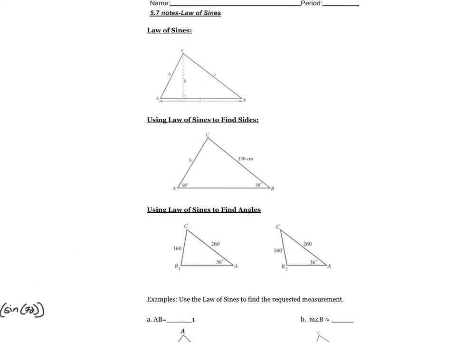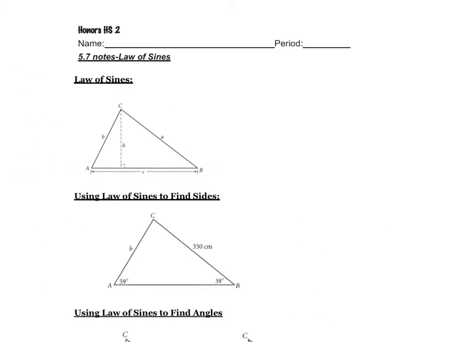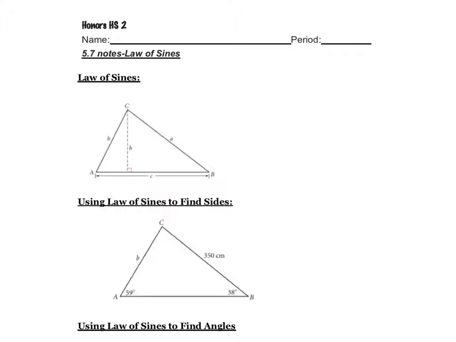Okay, well, what else can we do with sines when we do not have a right triangle? The triangle that we are looking for sides for is this triangle, triangle ABC. Previously when we were looking for sides or angles, we were always given a right triangle.